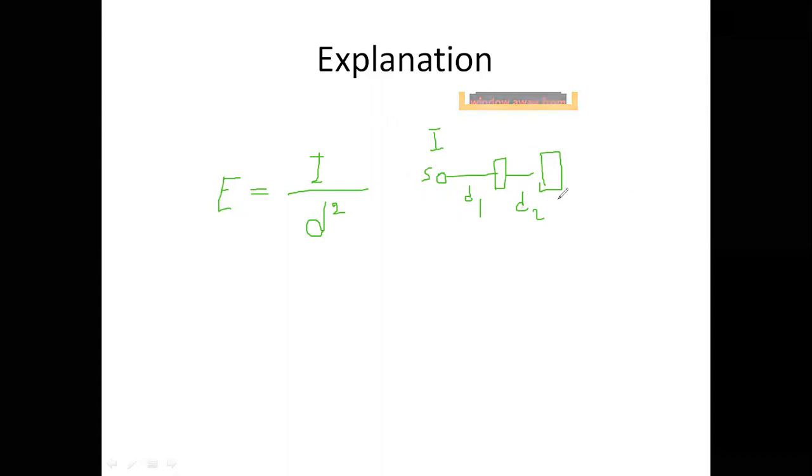Any direction from this source to the distance is taken as a radius, making the source the center. This is one radius, and this is another radius.